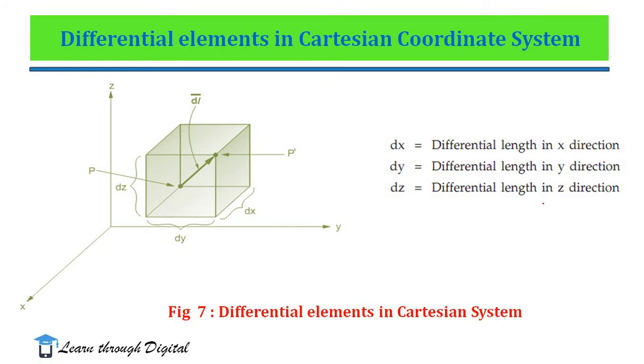Next we move on to differential elements in Cartesian coordinate system. This figure illustrates the differential elements in Cartesian coordinate system. Consider a point P (x, y, z). This is point P. It is x, y, z.